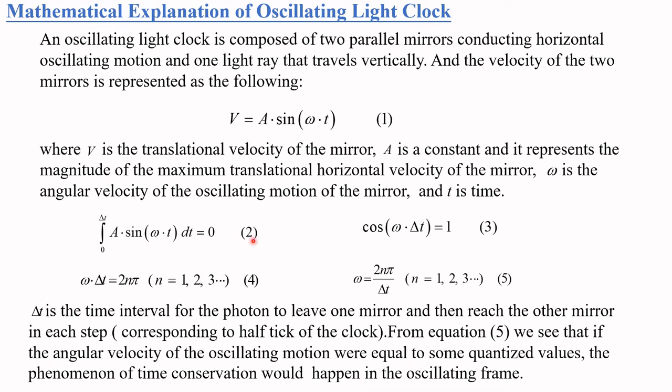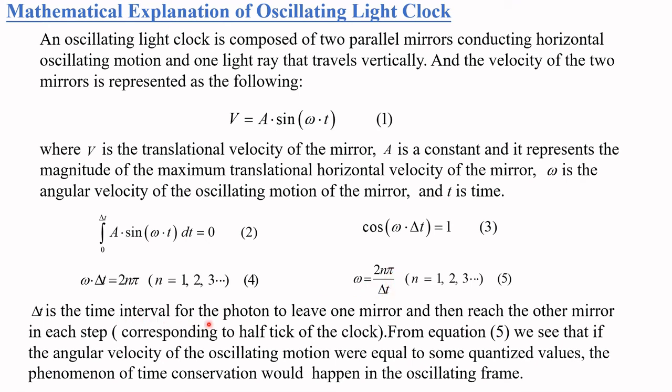From equation 2, we have equation 3, cosine omega t equals 1. And then we have equation 4, omega t equals 2n pi, where n is a positive integer, such as 1, 2, 3, 4, and so on. And then finally, we have equation 5, omega equals 2n pi over delta t.